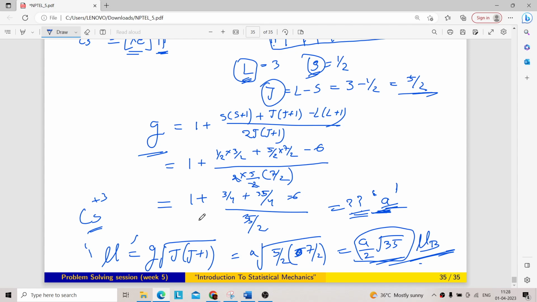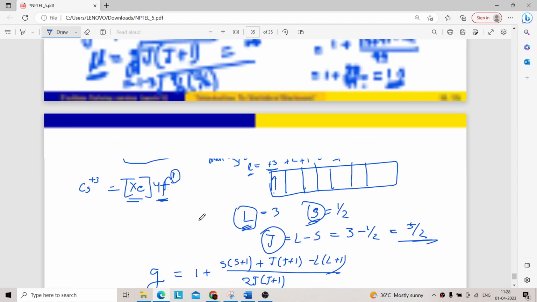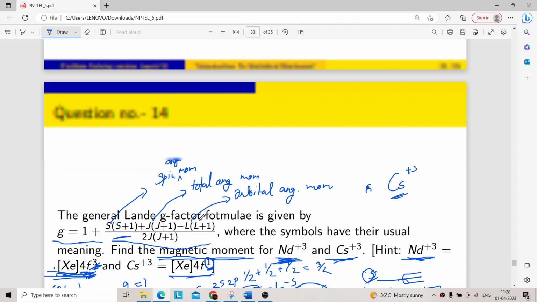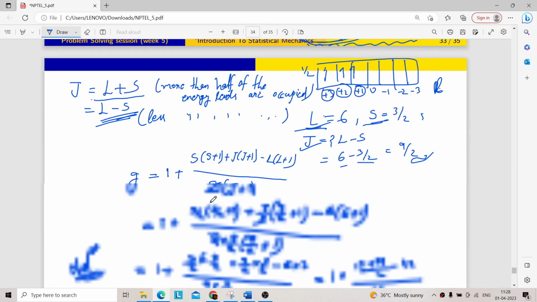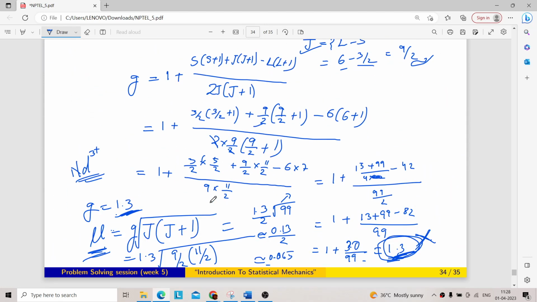So can you show the options? There are no options. This question is like this. You have to calculate this. For the first term the g value will be 8/11 for Nd. I am just telling you, just verify. g will be 8/11. This is for Nd3+, and okay, I didn't calculate for the cesium.